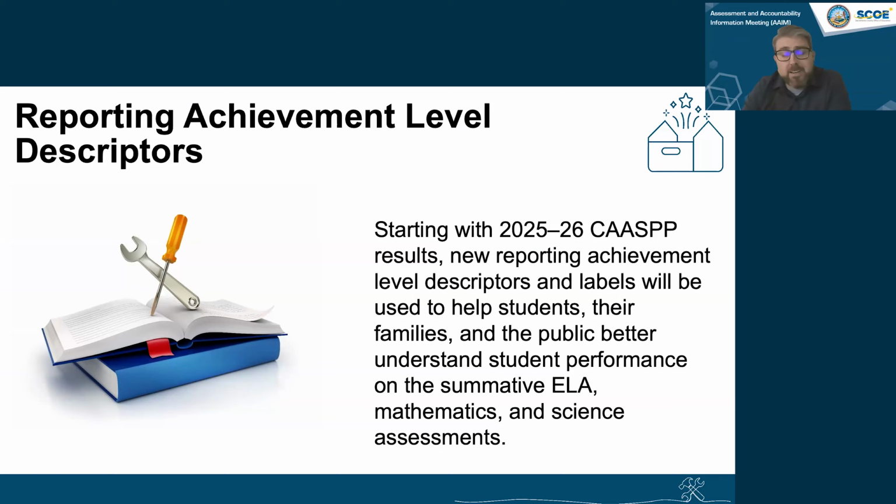So to be super clear, the standards and performance expectations have not changed. The test questions, format, scale scores, and cut scores for each level all remain the same. And because nothing else about the assessments has been changed, year-over-year results can still be compared.